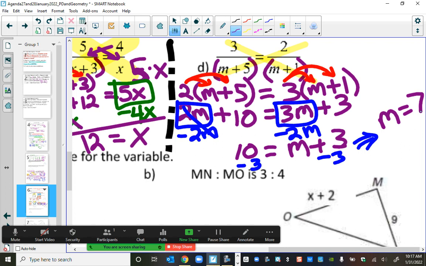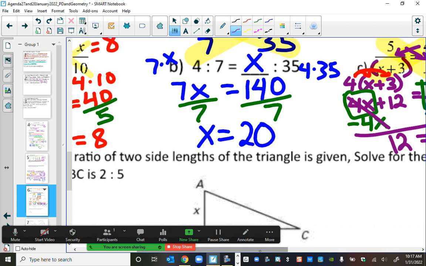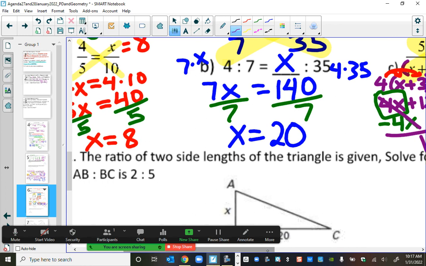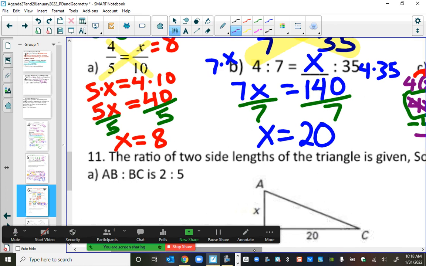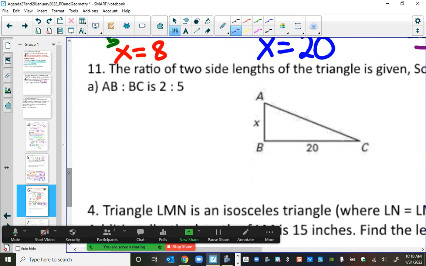All right. Let's look at some of these problems going forward. Let's look at this first problem. Right away we're going to set up, and this is going to help us set up our proportion.